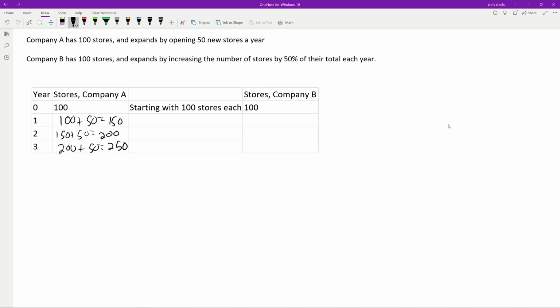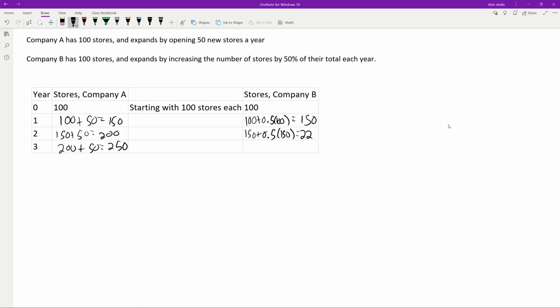Now for Company B, has 100 plus 50%, that's as a decimal, that's 0.5, times 100. 0.5 times 100 is 50, so in year 1, they also have 150 stores. In year 2, they have 150 plus 0.5, that's 50%, times 150.